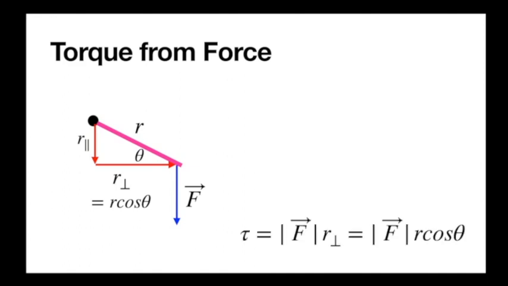And it turns out that both of these approaches will give the same answer. This is different than the setup I showed on the previous slide, so they're not completely comparable. But in either case, I could have found the r perpendicular times F, or the F perpendicular times r, and both of those expressions are just going to give you F times r times the same trig function. The trigonometry works out, so that's always true.